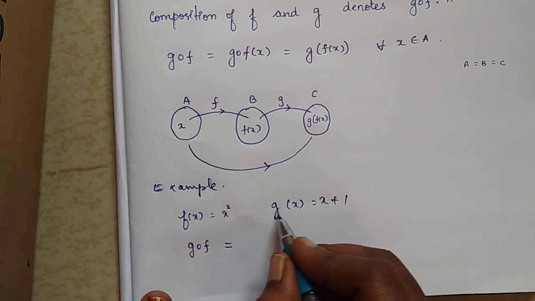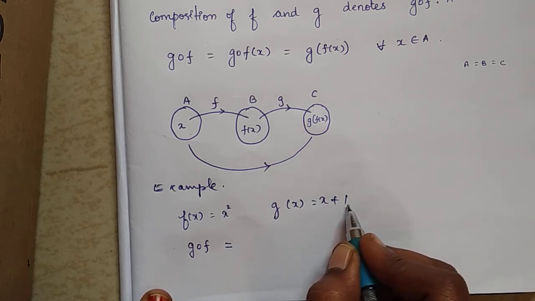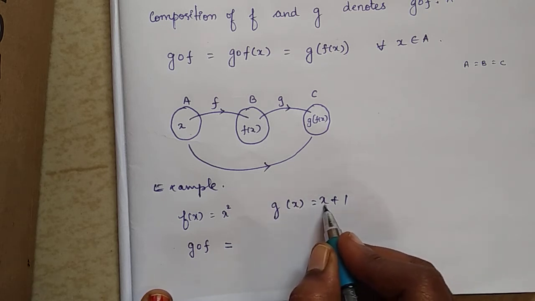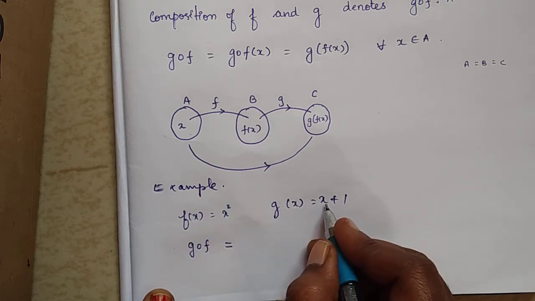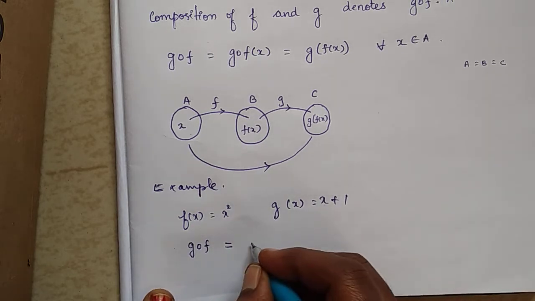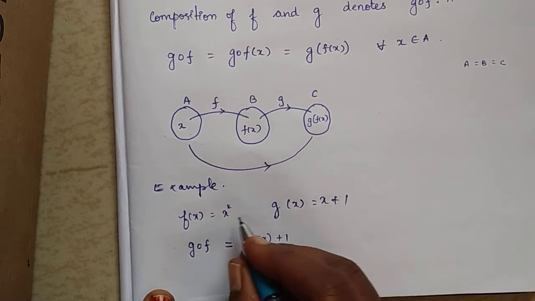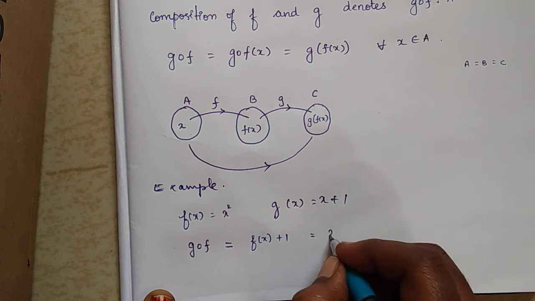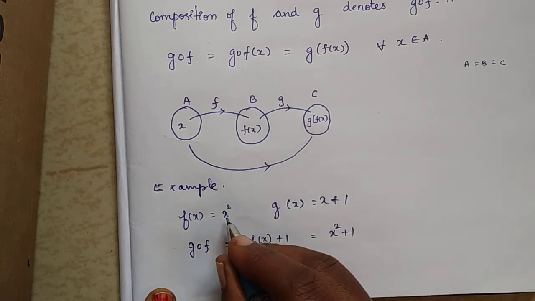See here, g of x is x plus 1. Wherever you have x here, in the place of x you have to replace it with f of x. So it will be written as f of x plus 1. What is my f of x? x square. So it is x square plus 1, where I had x, that has been replaced with x square.